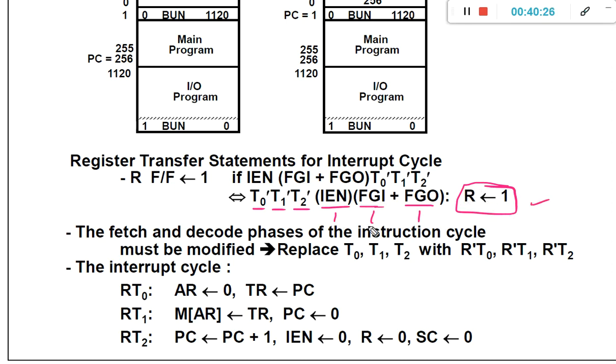To further bifurcate the timing signals of the instruction cycle and the interrupt cycle, we add either R dash or R to the timing signals. So R dash T0, R dash T1, R dash T2 represent the instruction cycle.